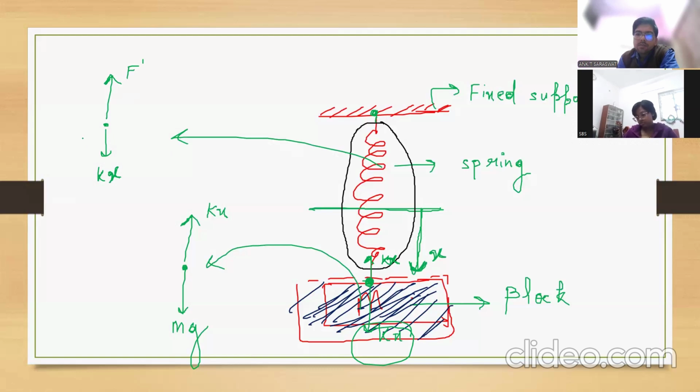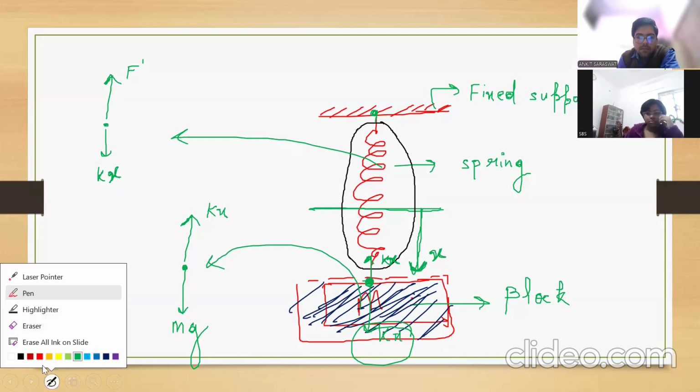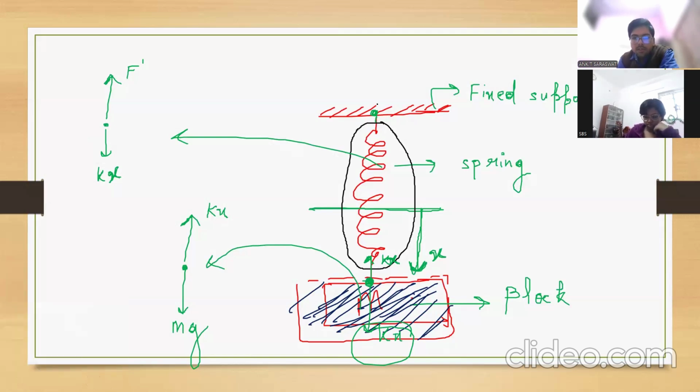Now if I ask you to draw the free body diagram of this support, then on the support, F dash acts due to the spring.